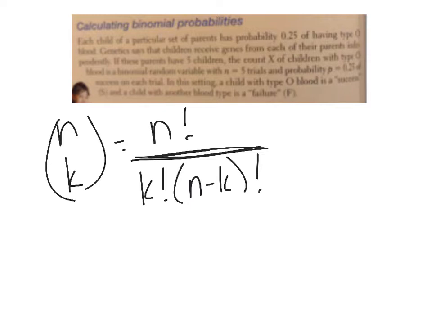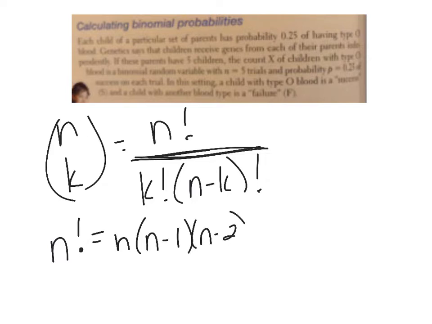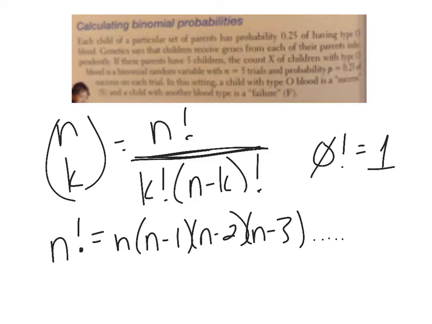It can get a little crazy. For those of y'all that don't remember or haven't seen it in a while, factorial notation looks like this: n times n minus 1 times n minus 2 times n minus 3, all the way down, where factorial of 0 equals 1. So a lot of this stuff would end up canceling out.